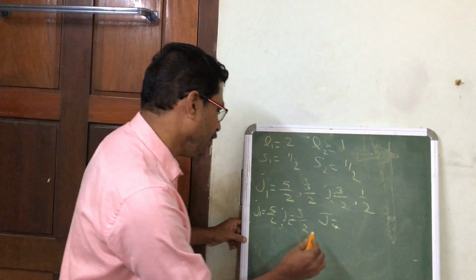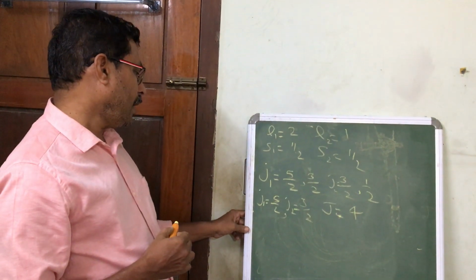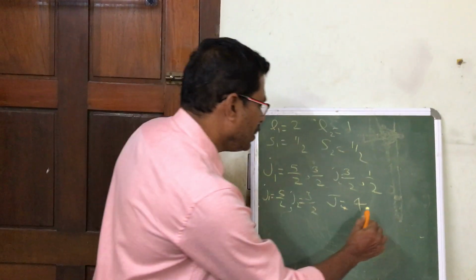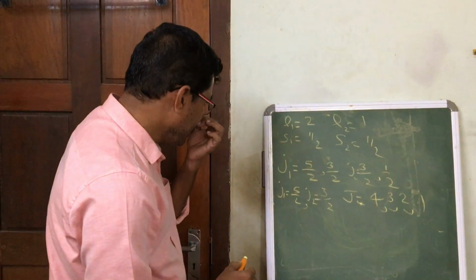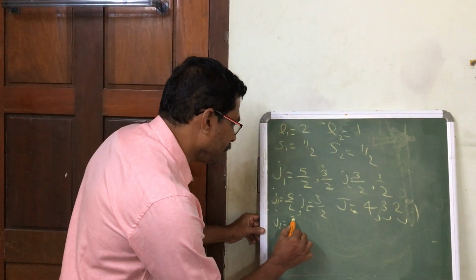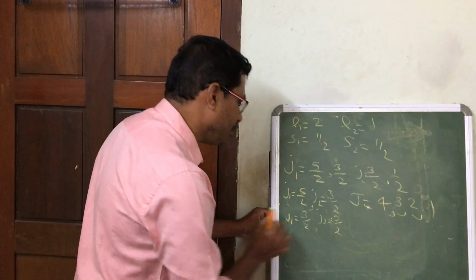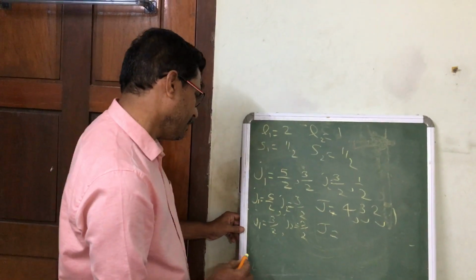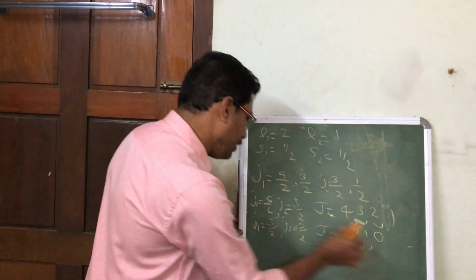J1 plus J2 gives 4, and J1 minus J2 gives 1. So the possible values are 4, 3, 2 and 1. With J1 equals 3 by 2 and J2 equals 3 by 2, you can get the possible J values as 3, 2, 1 and 0.